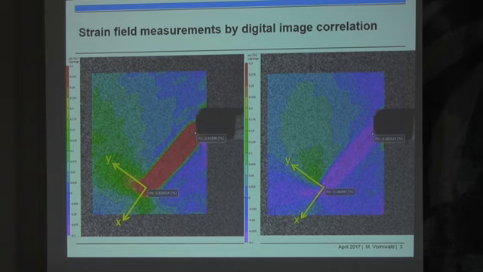So we use digital image correlation to look what happens at crack tips, and we collected a large number of data, looking, for example, like this. On the left-hand side, these are plotted the strains in the local y direction. Here, from this position, the crack initiated naturally.